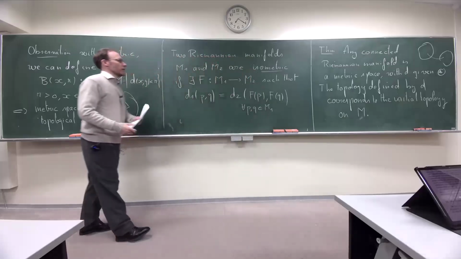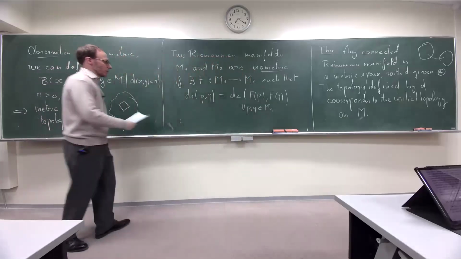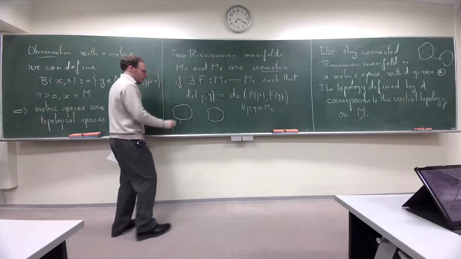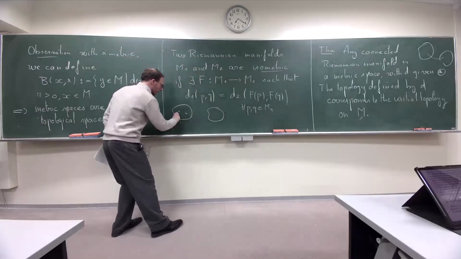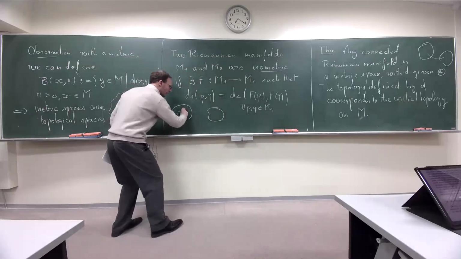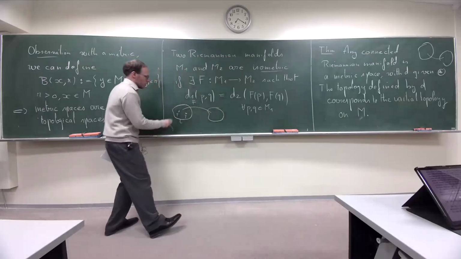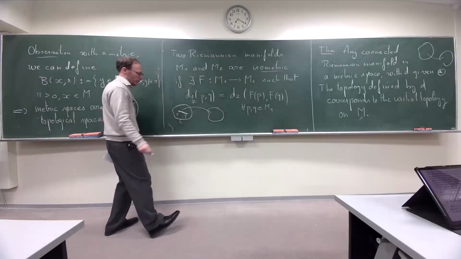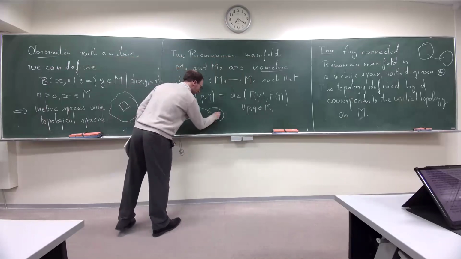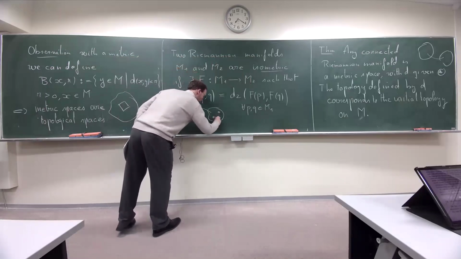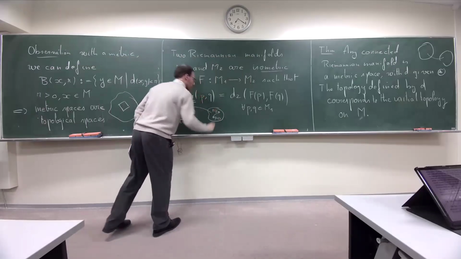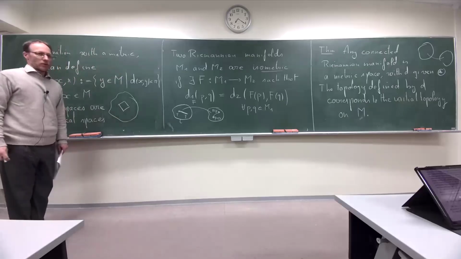So whenever you have two points P and Q, if there exists F so that the distance between P and Q on the manifold is the same as the distance between F of P and F of Q, this is called isometric.